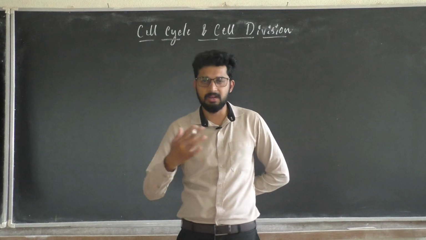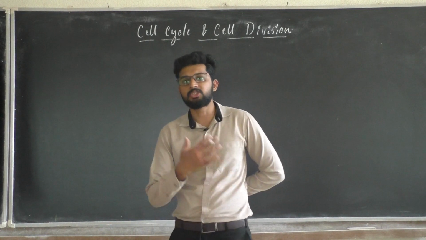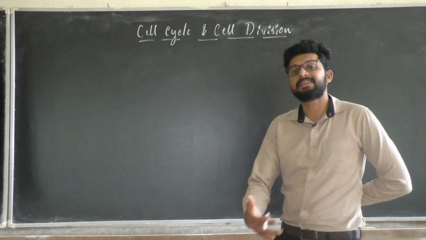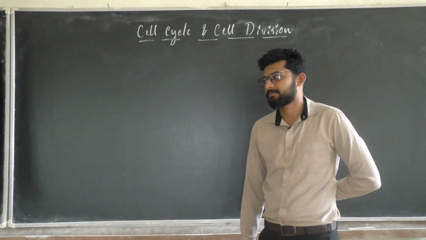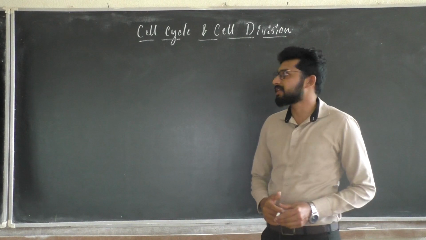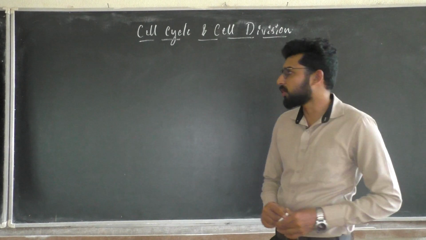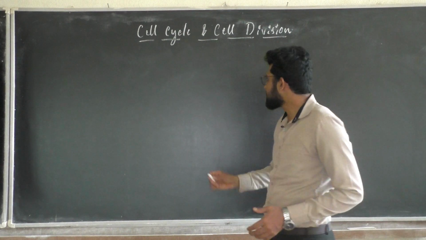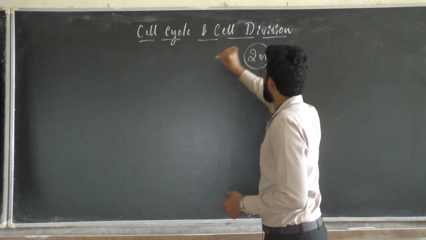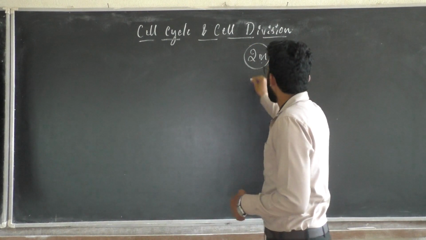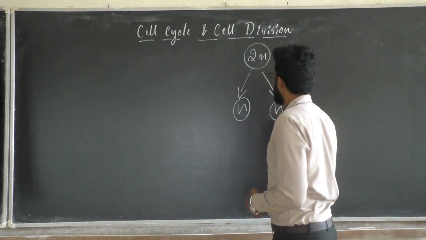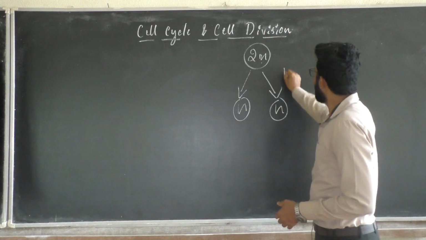Meiosis is a process in which the germ cell undergoes cell division and forms daughter cells with a chromosome number reduced by half. If you have a chromosome number of 46, at the end you will have 23. I have a parent cell with chromosome number 2n, and it will form two daughter cells by meiosis 1.